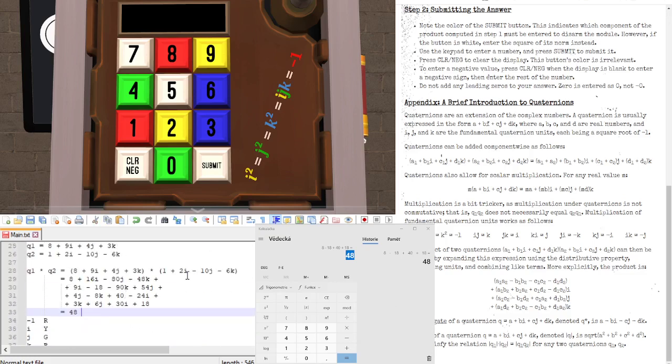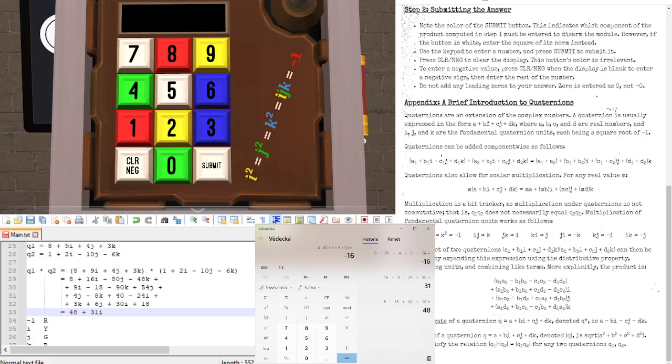Now the i parts. So we have 16 i's, then 9 i's, so plus 9, then minus 24 i's, and then 30 i's. So we have 31 i's. Now j's, we have minus 80, then plus 4, then plus 6, and plus 54. It should be minus 80 plus 54 plus 4, and then plus 6.